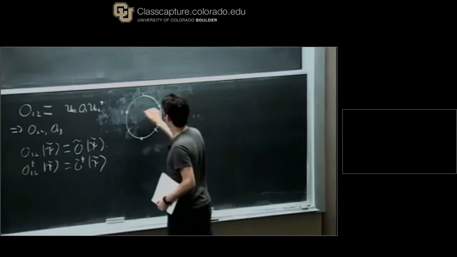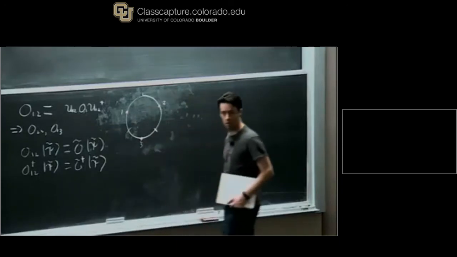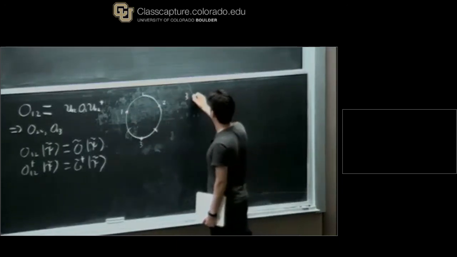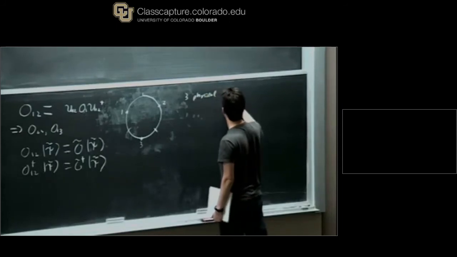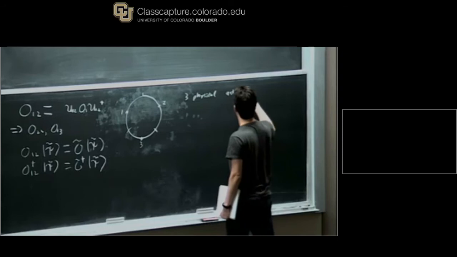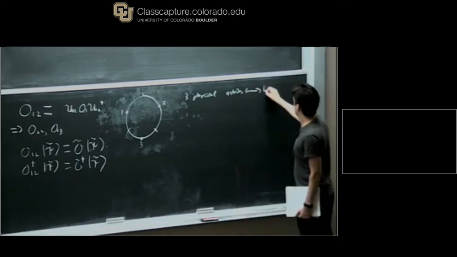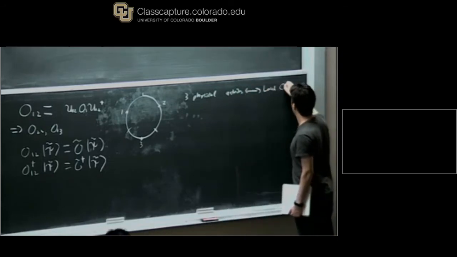So here's 1, 2, and 3. So the three physical qubits correspond to the local CFT degrees of freedom.